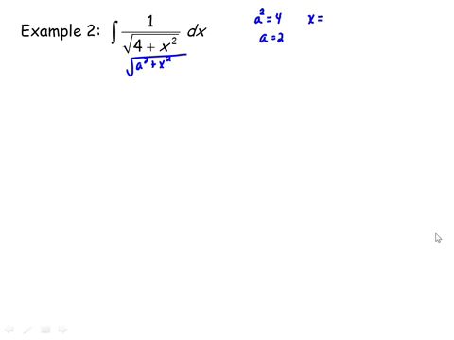And x, what's my trig substitution going to be? 2 tangent theta. Do you see why? My integrand is comparable to a squared plus x squared, and the only one that has the square root of a squared plus x squared is the one in the middle, which is case 2. So x is going to be equal to a, which is 2, tangent theta.